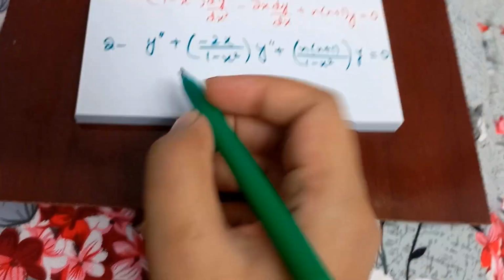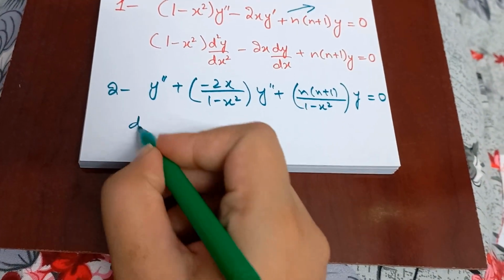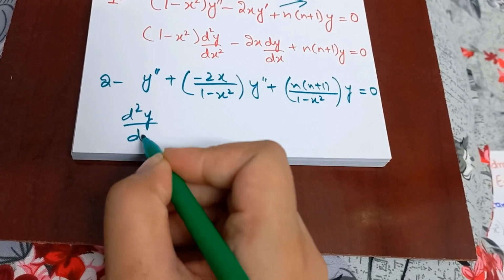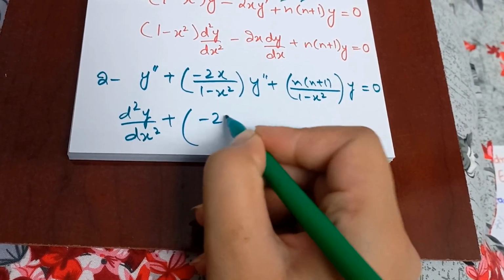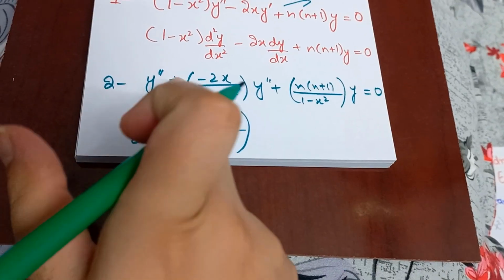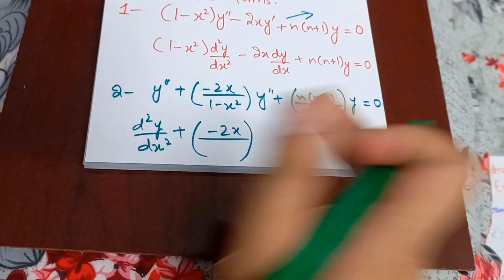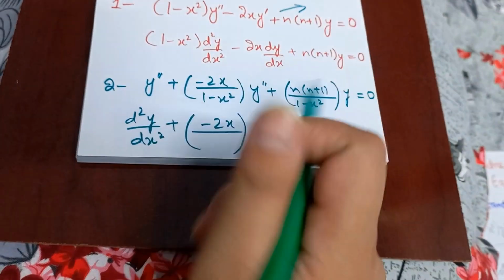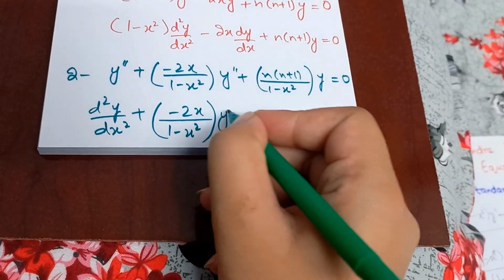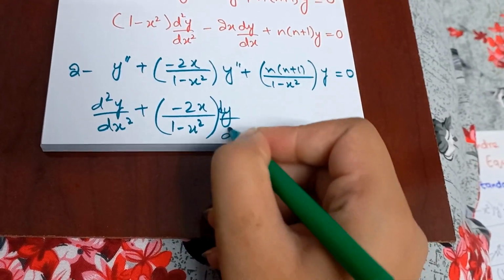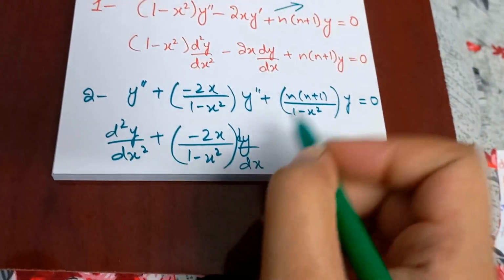So we can replace it by double derivatives and single derivatives as well. Here there should be plus signs in standard form, that is why I'm taking the brackets here. It will be dy by dx like that.